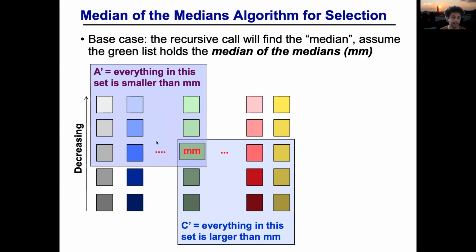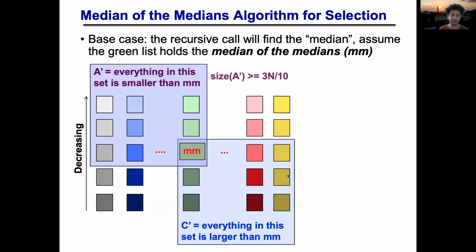And every element that is smaller than those medians is smaller than the median of medians by transitivity. So that's very simple. And by symmetry, everything in this bottom right box, the C prime, is larger than the median of medians. So I have two good statements to make.